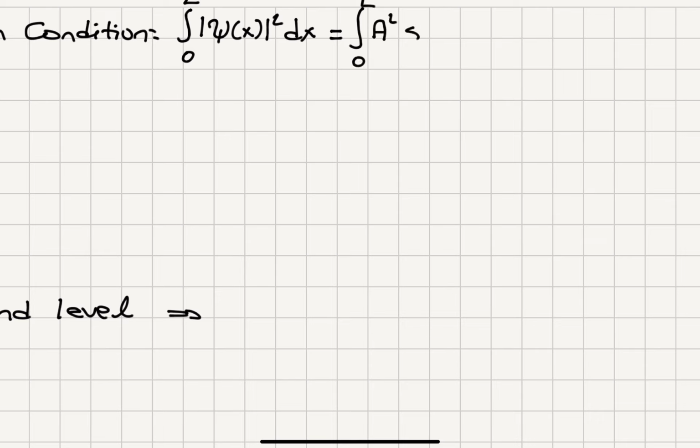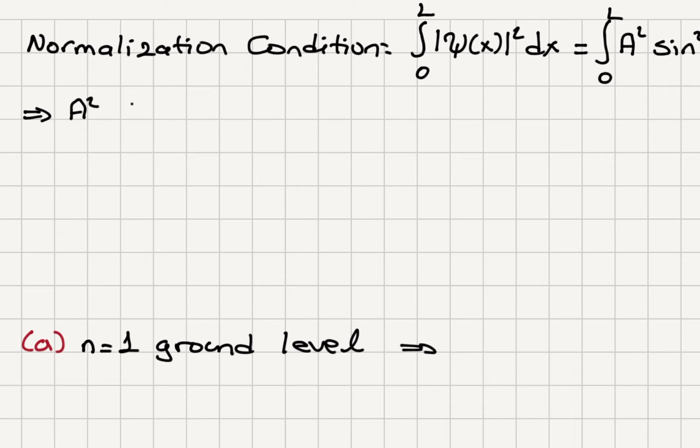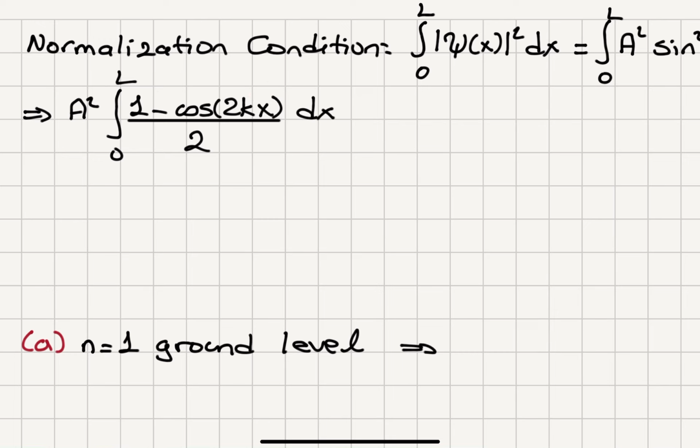If we perform this integration, we find A squared times the integral from 0 to L. For sine squared, we can substitute 1 minus cosine 2kx, divided by 2, dx, as cosine 2kx is equal to 1 minus 2 sine squared kx.